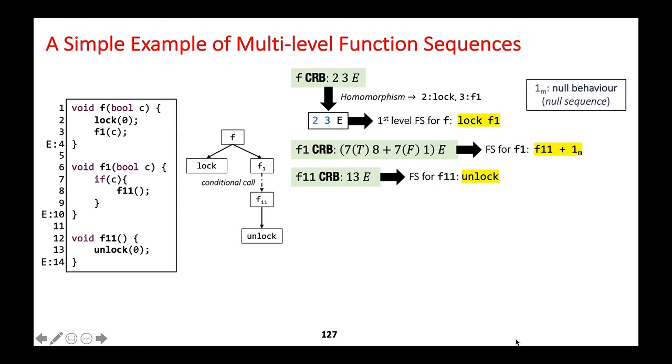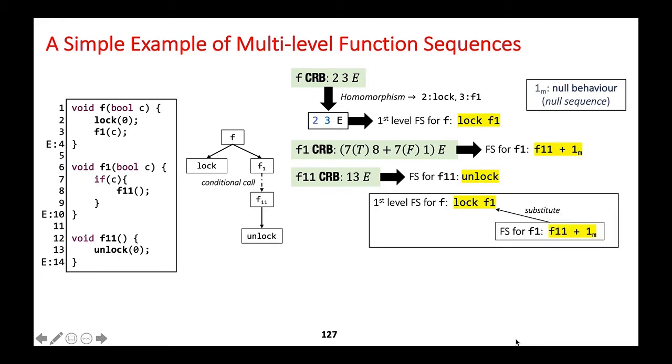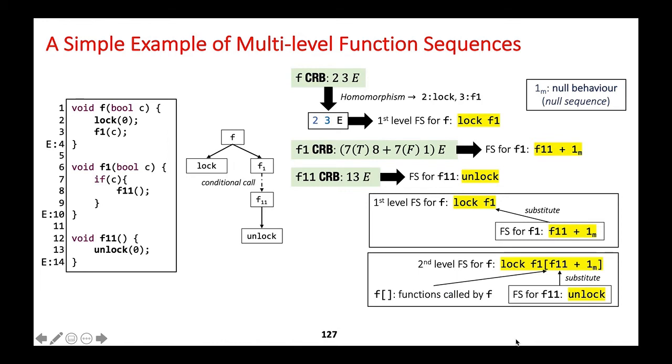And now we substitute the function sequence from one function into another. So we substitute the function sequence for F1 into F, and we get the function sequence lock followed by F1[F11 + 1_m].